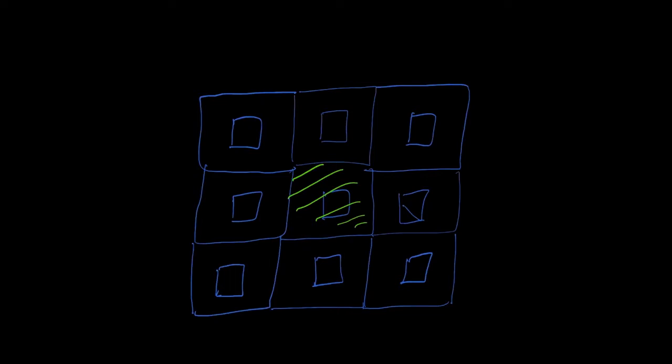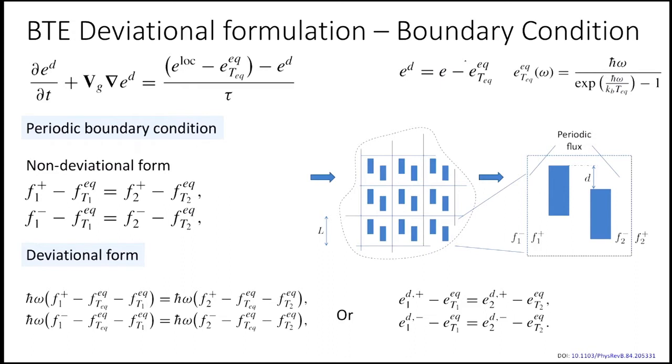So now, how do we make this formulation periodic? How do we apply periodic boundary conditions on the ends? That's not a trivial problem at all, and it took a while in the literature to figure it out.